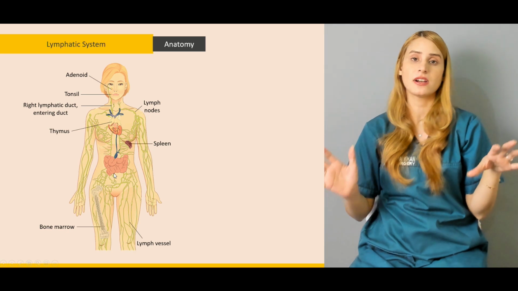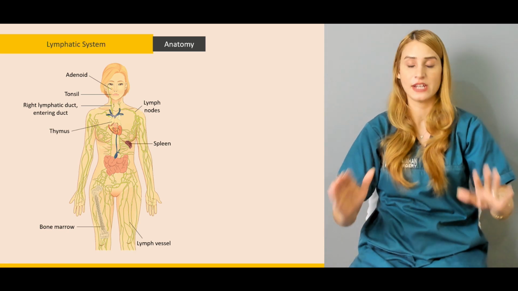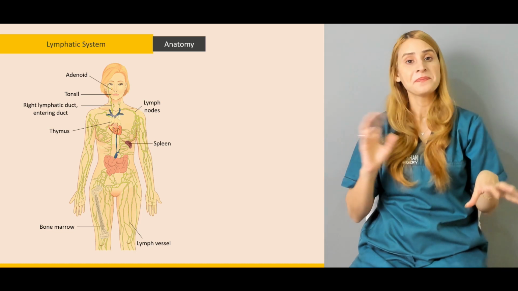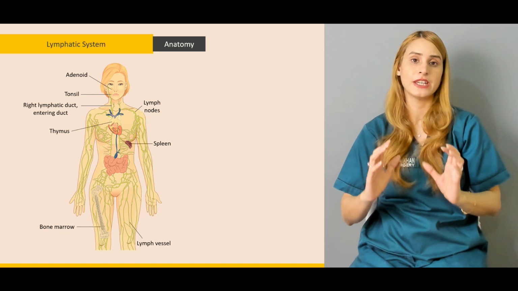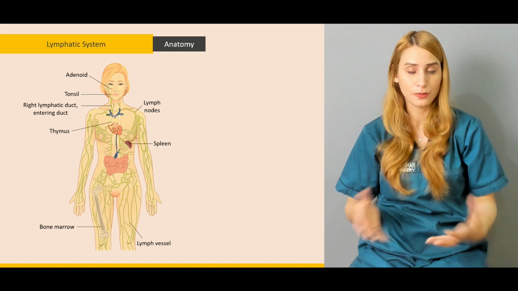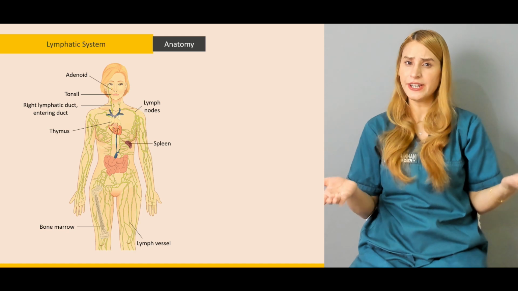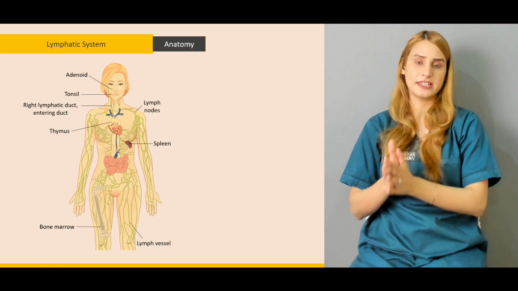When the plasma delivers the nutrients to the tissues, most of the plasma is retained in the venous system. But some of the clear fluid which is left behind is drained by the lymphatic channel.